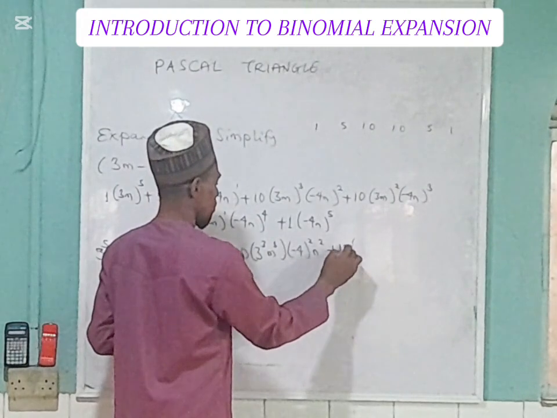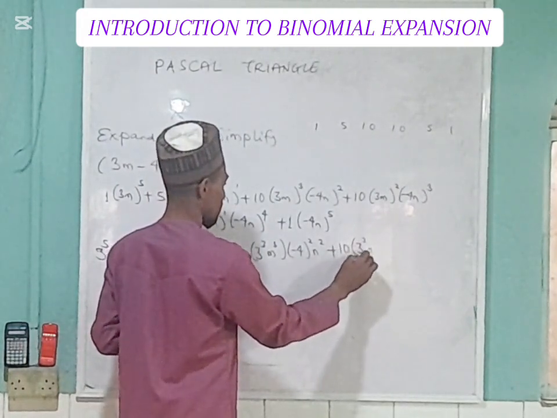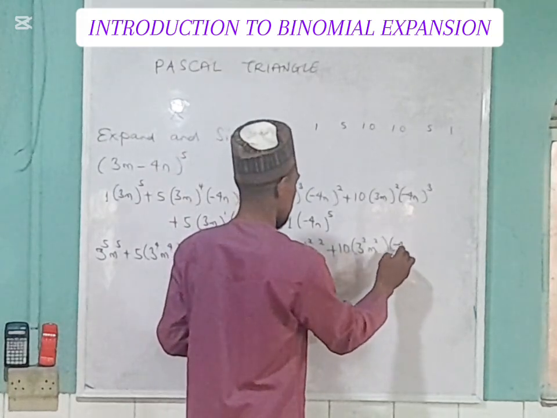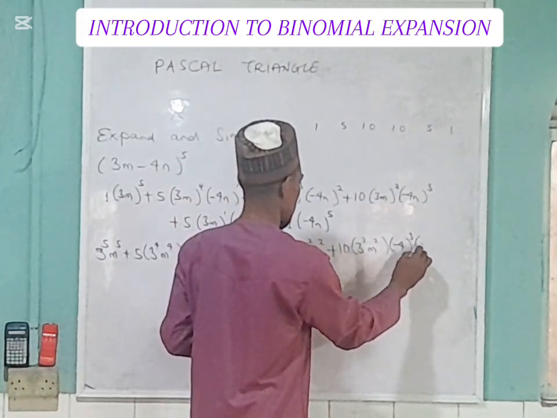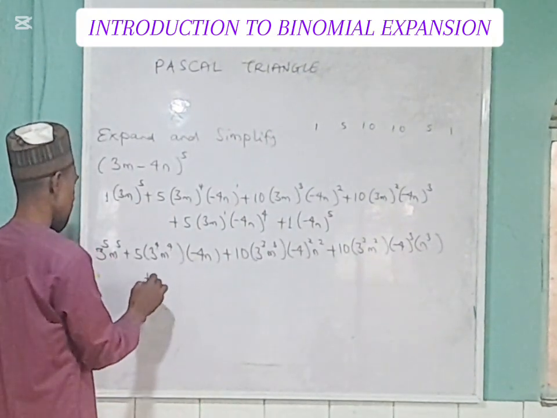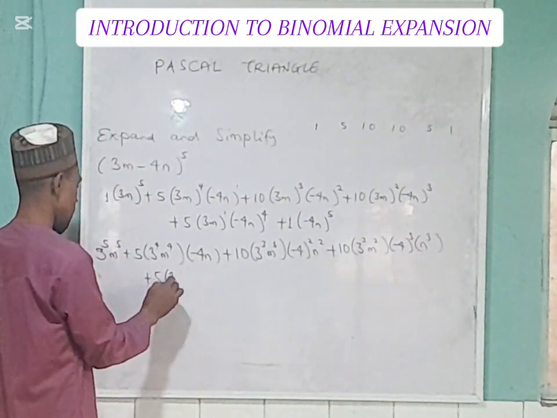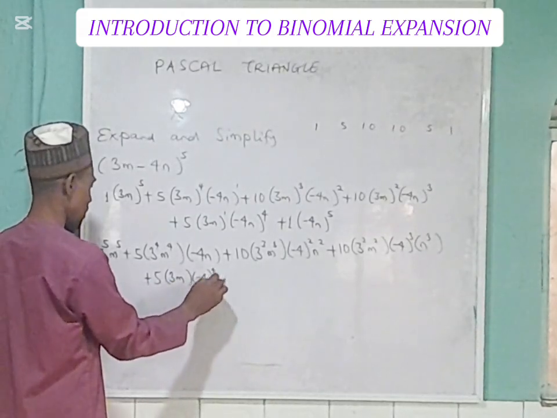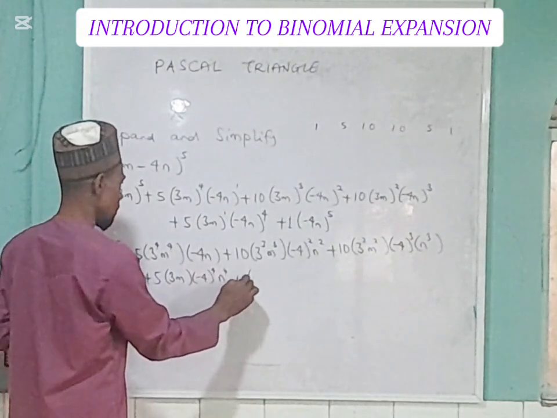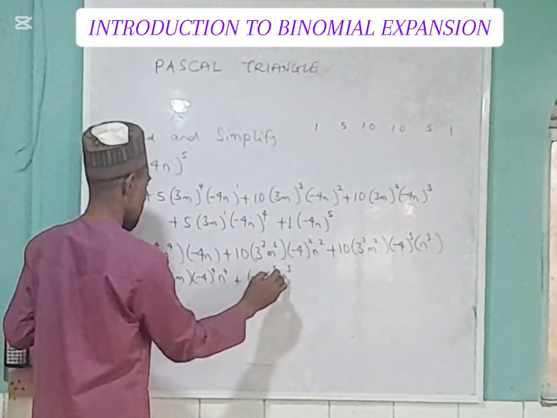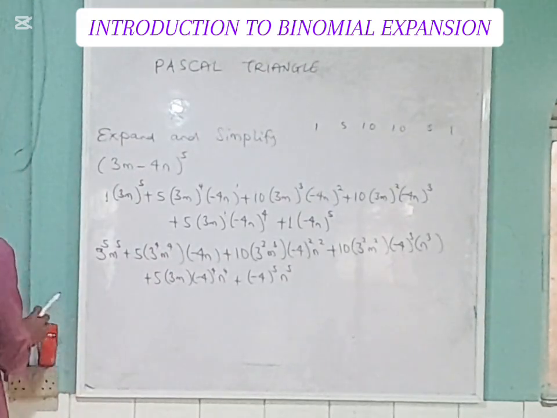Then 10, we have 3 squared, m squared. We've got minus 4 cubed, n cubed. Then the next term there, 5, 3m, minus 4 to the power of 4, n to the power of 4. We are just mainly dealing with indices here. Minus 4 to the power of 5, n to the power of 5. So those are the expansions.